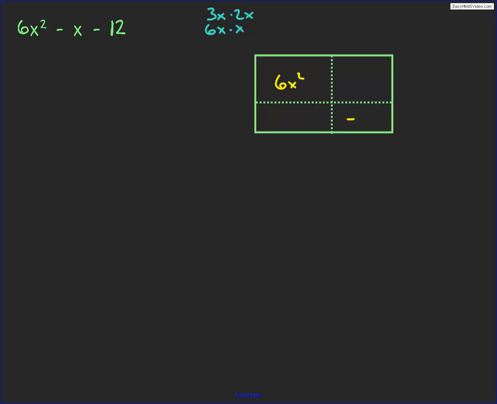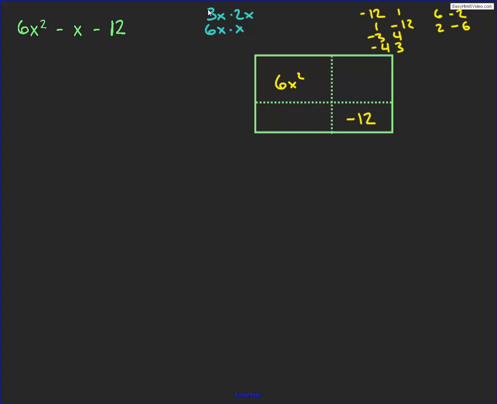And the bottom right corner is going to be minus 12, but there's lots of things that multiply to minus 12. Minus 12 and 1, 1 and minus 12, 3 and 4, negative 3 and 4, 4 and negative 3, 6 and negative 2, 2 and negative 6.